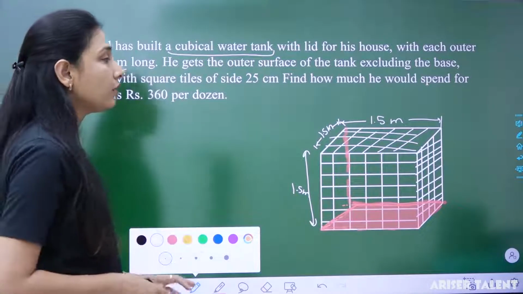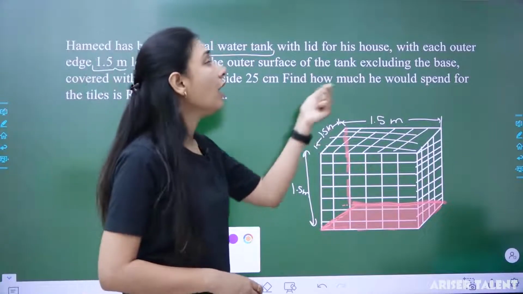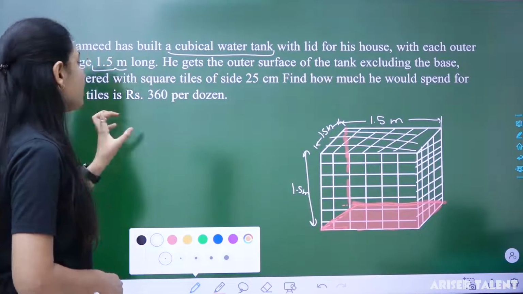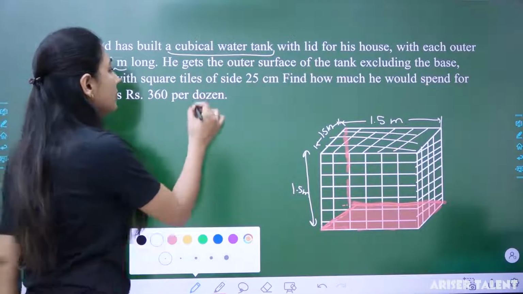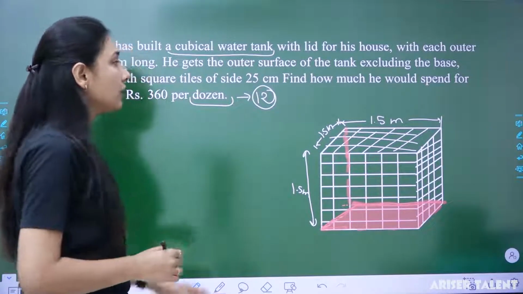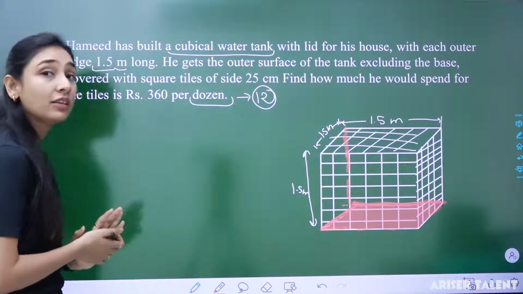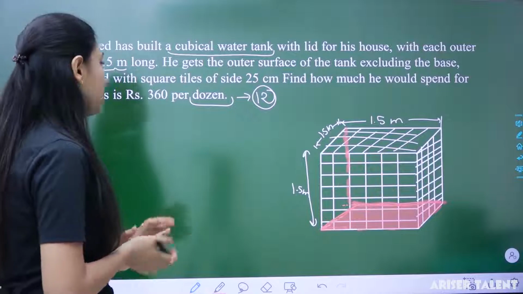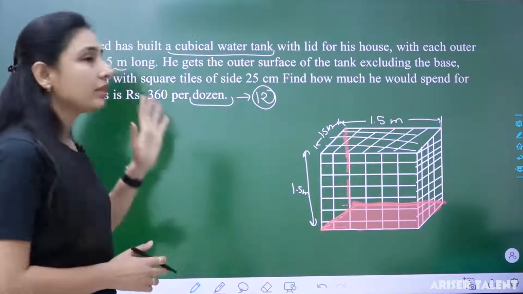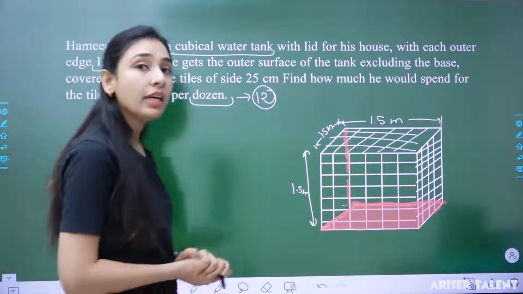He is taking all the surfaces, but this surface is excluded. Here we are using the square tiles, represented like this. Find how much he would spend for the tiles, at rupees 360 per dozen. That means for each bunch of 12 tiles he is going to spend 360 rupees.